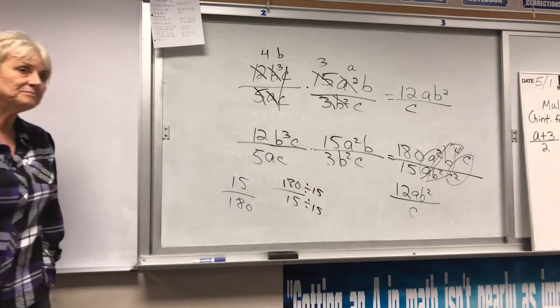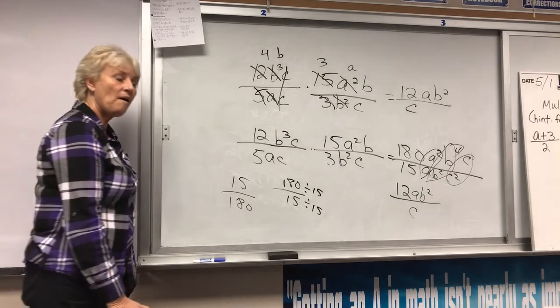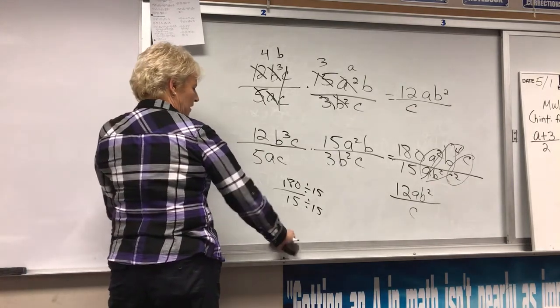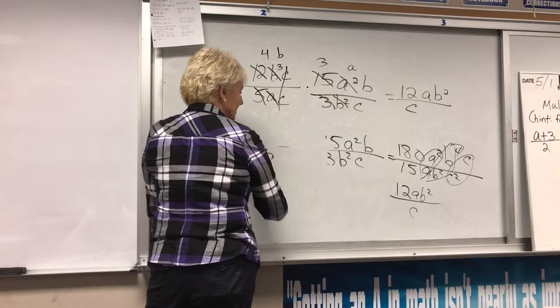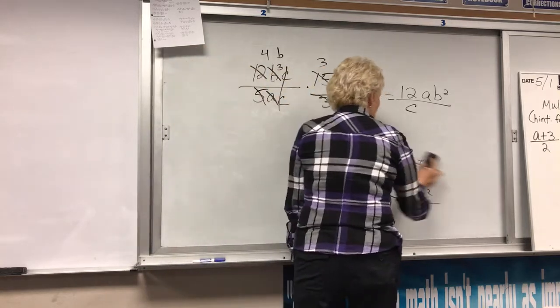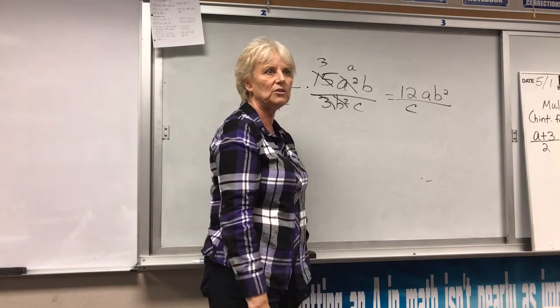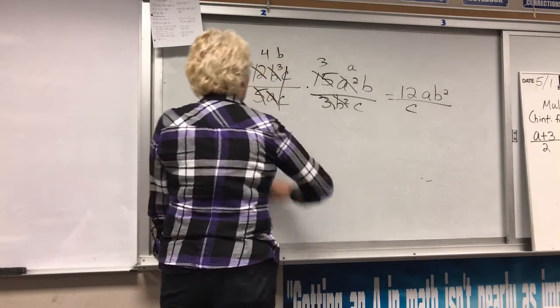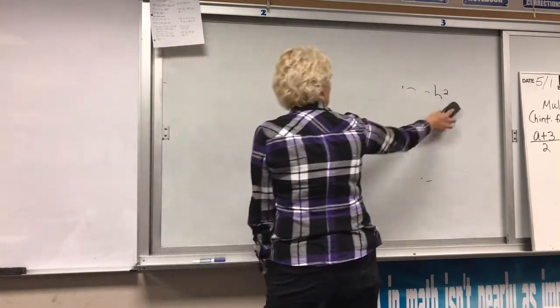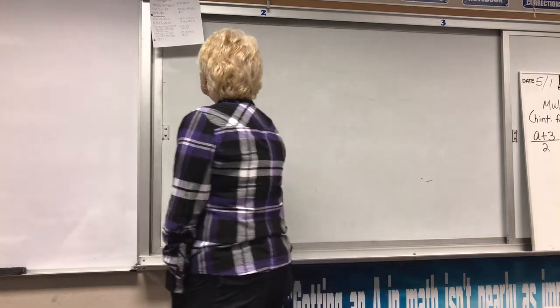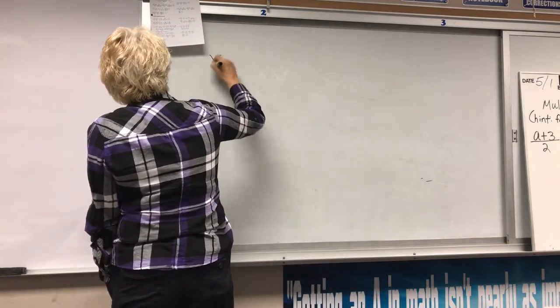Wait, so if you can factor, you can't do the second one? Well, it's not the easiest way, because then you have to multiply a binomial times a binomial. Why would you want to do that? And they're gonna be bigger numbers.